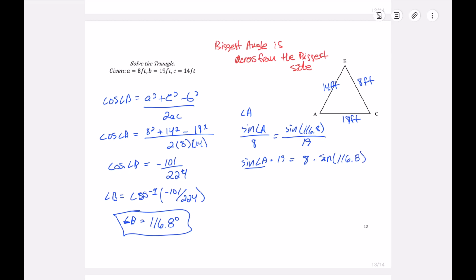If we divide by 19, sine of angle A is equal to 8 times sine of 116.8 all over 19. Since we want the angle, we'll do sine inverse of 8 times sine of 116.8 all over 19, and when we plug that into our calculator, we will get 22.1.